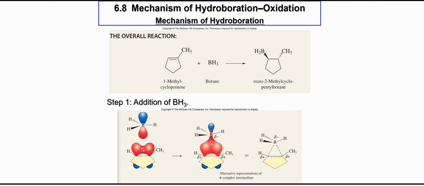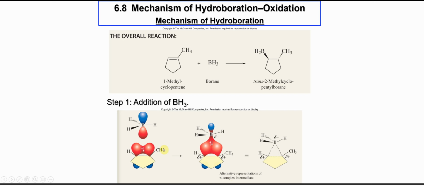What happened? In other words, the borane is going to be added to the carbon with more hydrogens. That's your first step, you produce an alkylborane. Addition of your boron hydride goes through formation of a 3-membered pi complex intermediate.